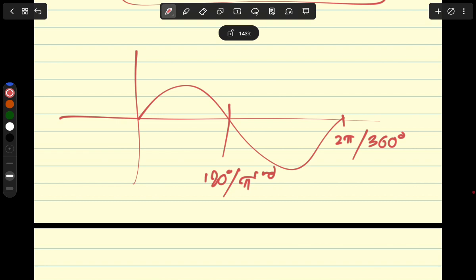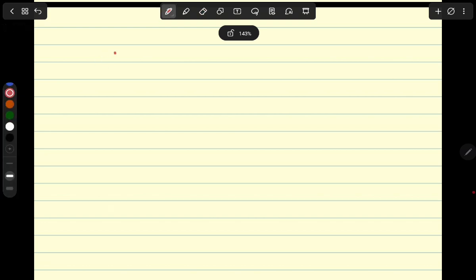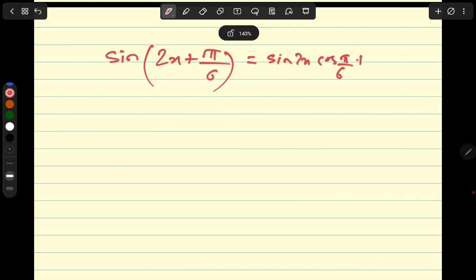Now notice something, we never expanded sine of 2x plus pi by 6, right? In A2, of course, you are going to learn how to expand this. So this is going to expand into sine of 2x cos of pi by 6 plus cos of 2x times sine of pi by 6. You are going to learn that in your A2 levels.